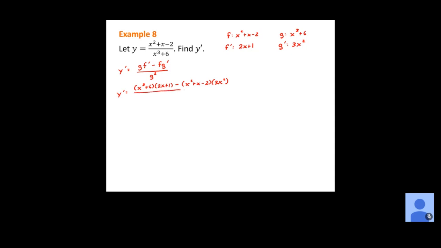And all of that goes over g squared. So x cubed plus 6 all squared. Any questions up to that point?